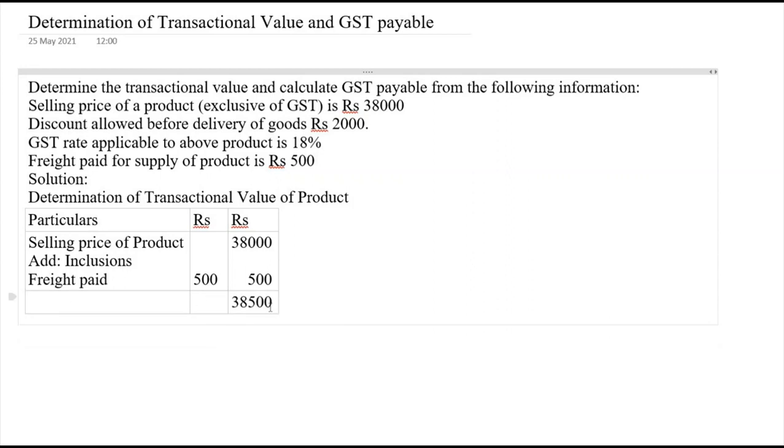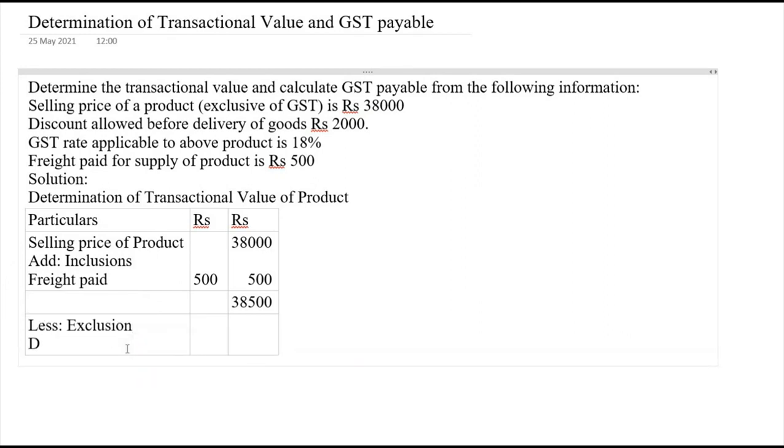So from this we should deduct now, less, exclusion. So let me take to the next column only.